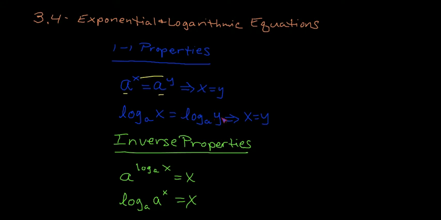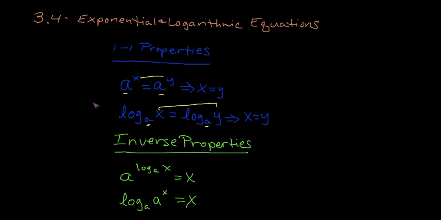In logarithmic form, if we have log base a of x equals log base a of y, keeping that same base, then for the left side to balance with the right side, the x value and the y value also have to equal each other. So that's the idea of one-to-one properties.